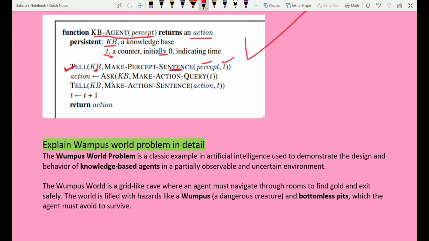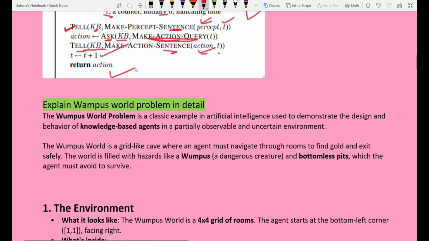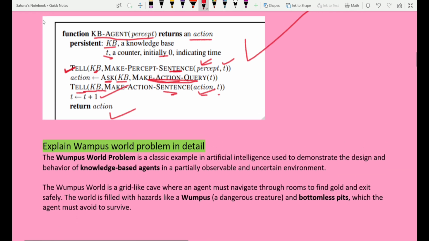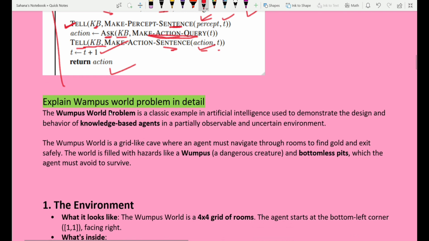Then for the action, ASK KB makes an action query, to work out what action should be performed. Then again it will tell the KB, making action sentences for the action at time T. First it observes, and then it performs the action. Then time is incremented by 1. Then it returns the action. This is the algorithm performed in a knowledge-based agent.